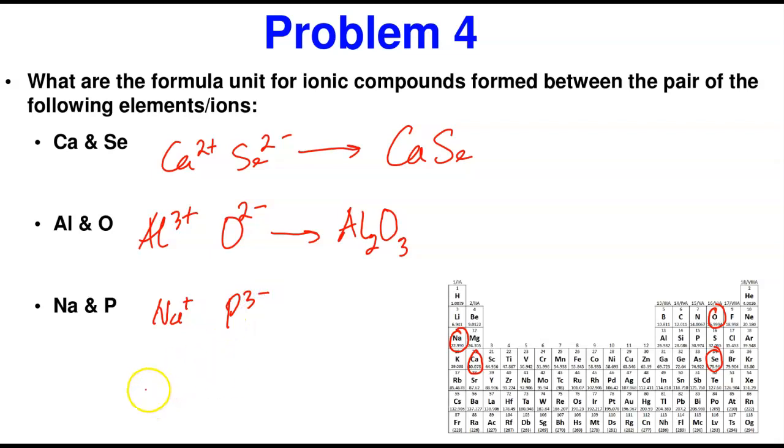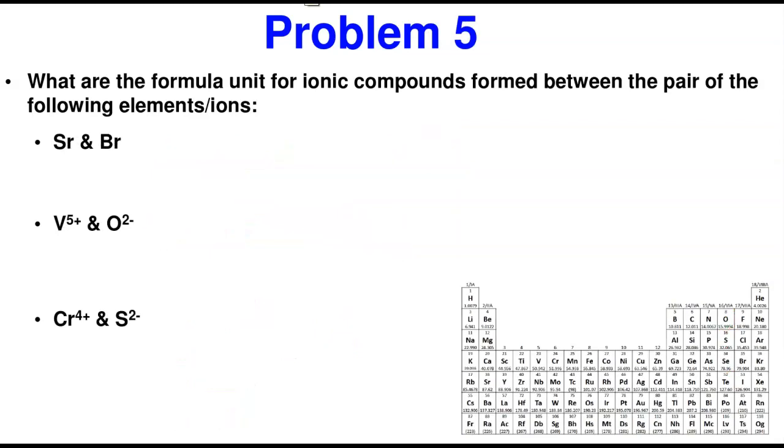Now, if I'm going to balance these charges, what am I going to have? This is 1 plus. For me to balance this to be 3, I have to make this to be 3. So I'm going to have another one. I'm going to have another one. What it means overall, I'm going to have 3 now. So I now have 3 sodium here. And already this I have what? 3 minus. And if you add 3 minus and 3 plus, it's going to give you 0. So what that means is that sodium has to be 3 and phosphorus has to be 1. And this becomes the formula unit of that compound.